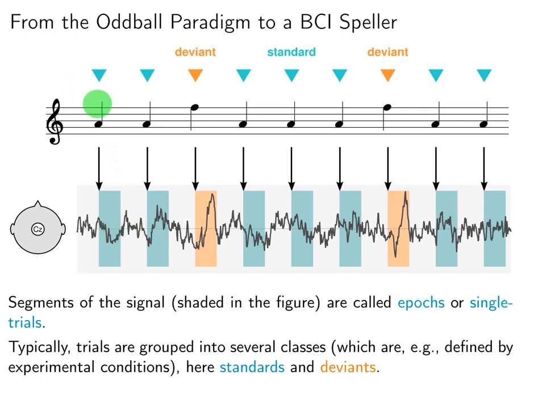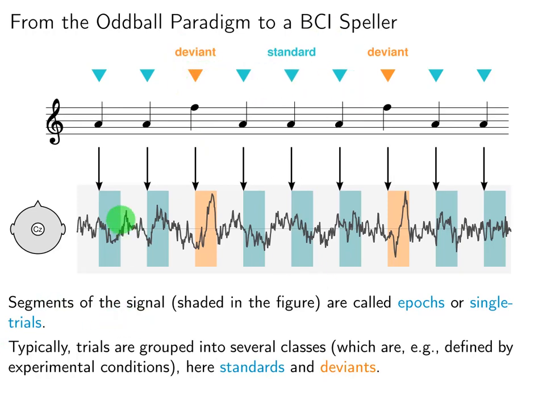When we record data that corresponds to these stimuli with time markers, we can segment data and first visually try to observe if there is any difference between the brain response related to standard or deviant stimuli.